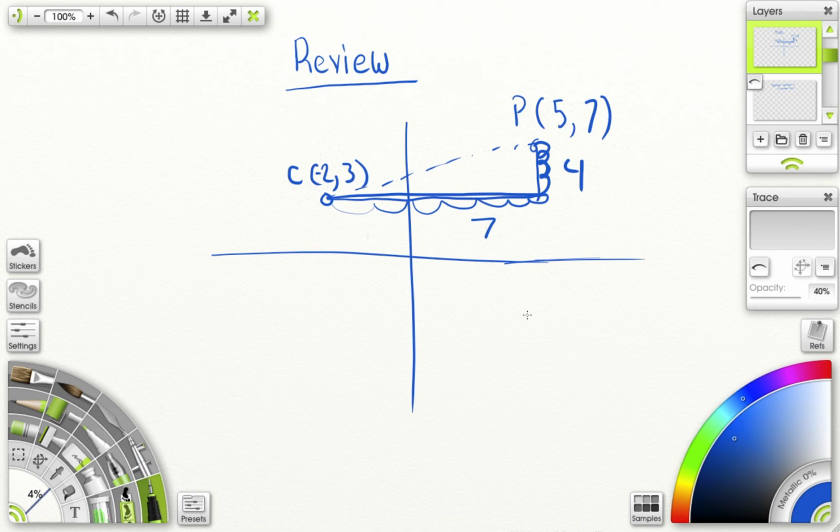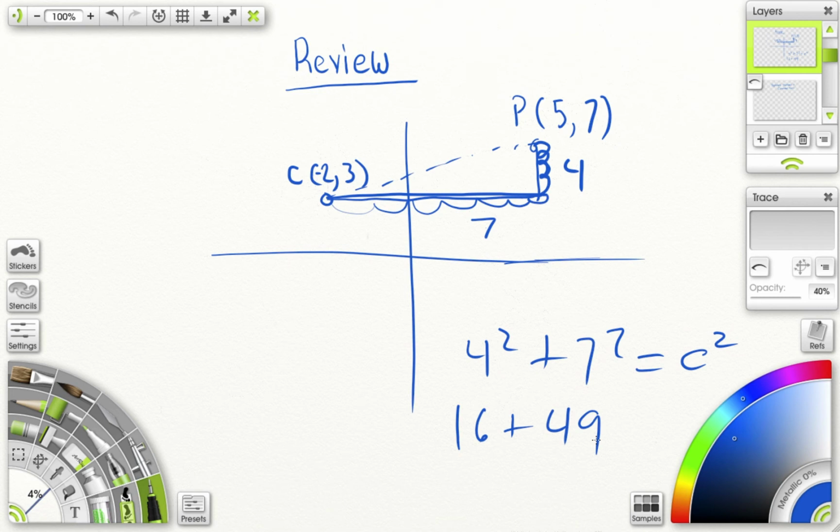my Pythagorean theorem. So a squared plus b squared equals c squared. So I do 4 squared plus 7 squared is equal to c squared. 4 squared is 16 plus 49 is equal to 65. And then I do the square root of 65, which is, forgot to pull up my calculator here.